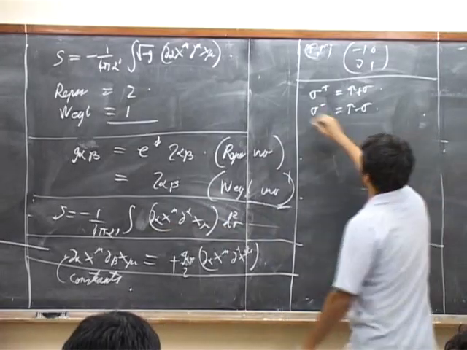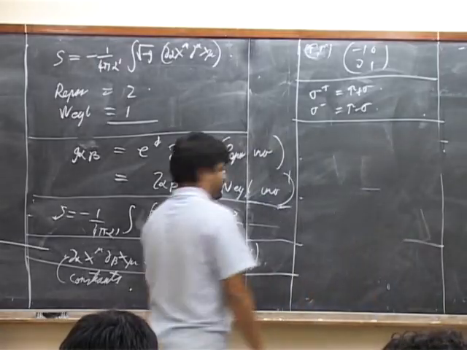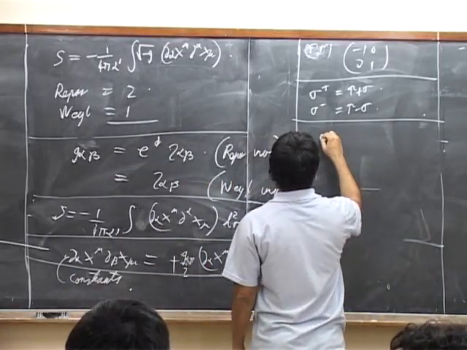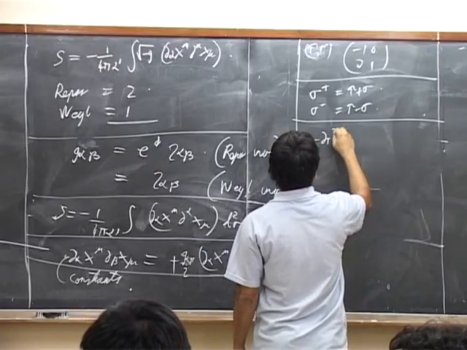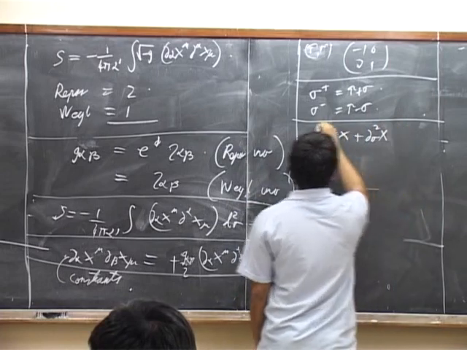That's very easy to do. So let's remind ourselves how things work. Firstly, about the action. Okay, this thing was minus del tau squared of x plus del sigma squared of x.